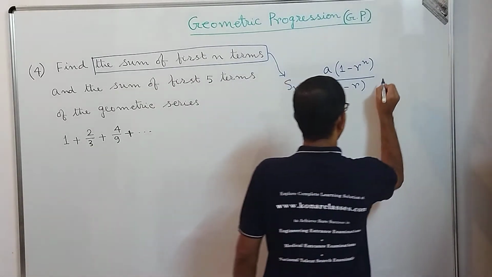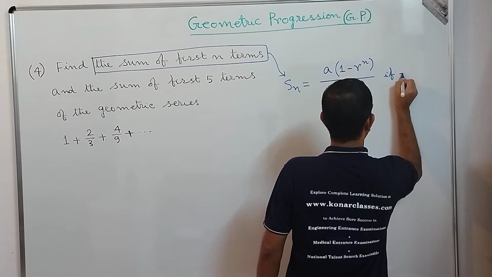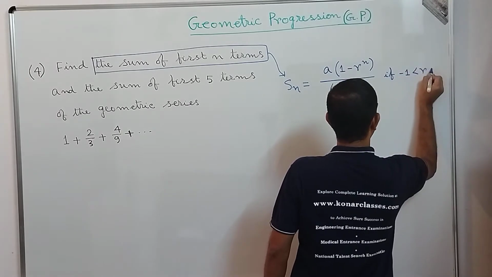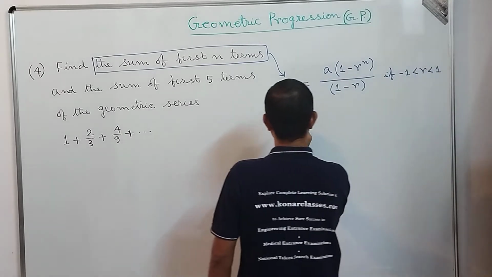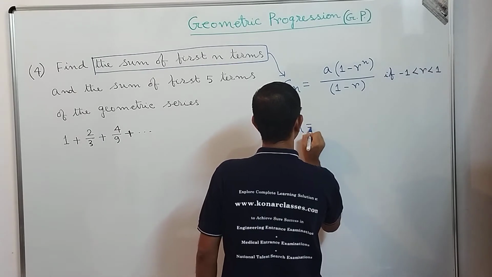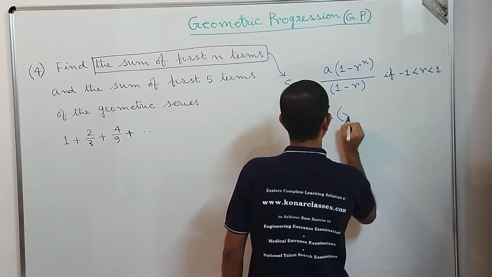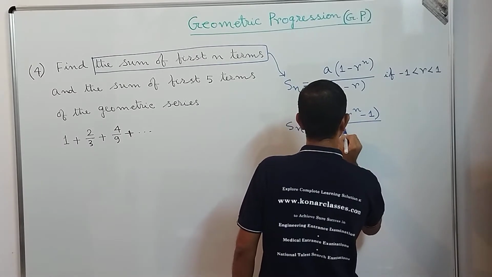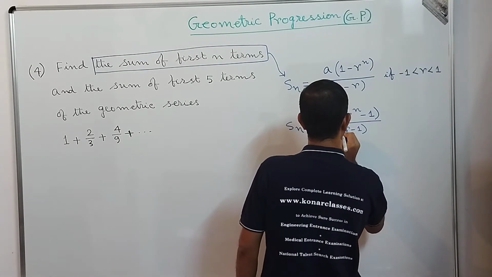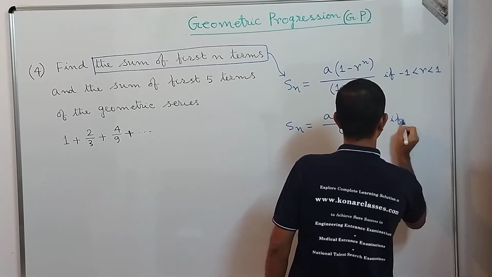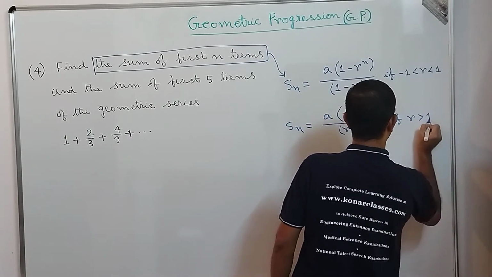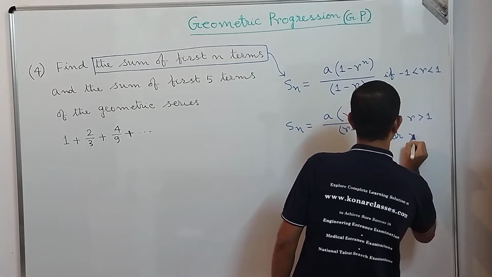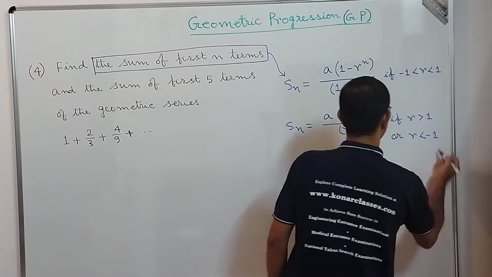And Sn is equal to A into r to the power n minus 1 by r minus 1, if r is greater than 1 or r is less than minus 1.